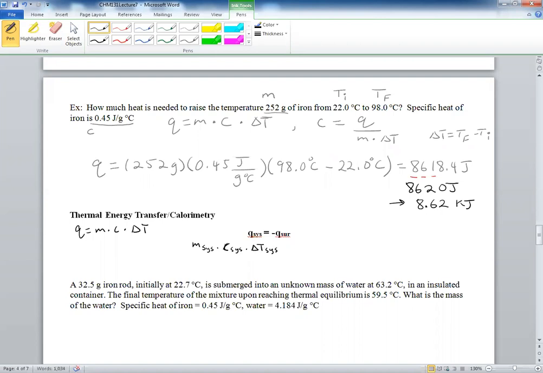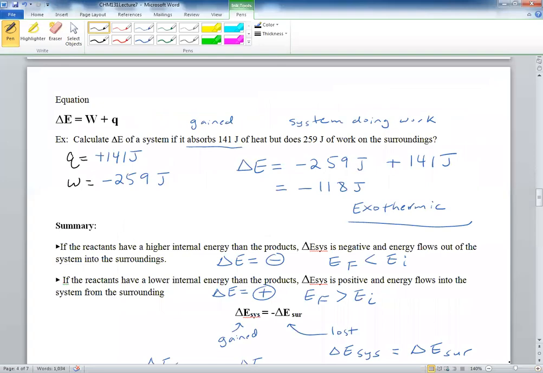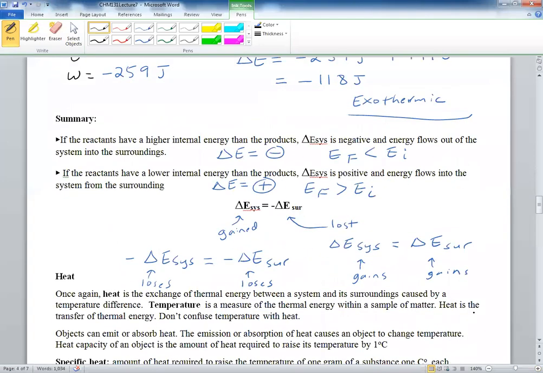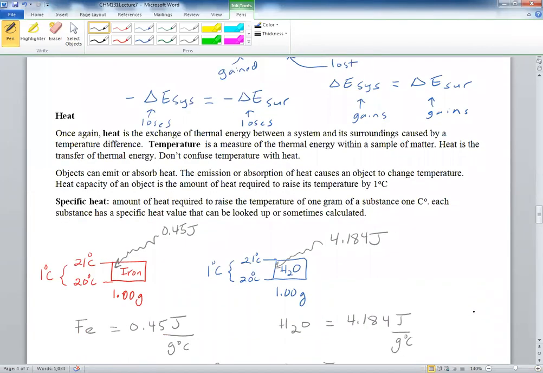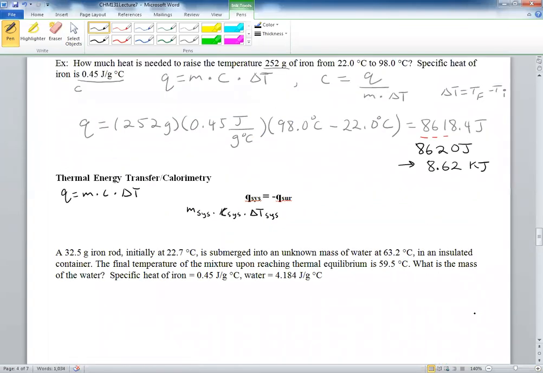Let's make this bigger. Equals negative M of the surroundings times C of the surroundings times delta T of the surroundings.